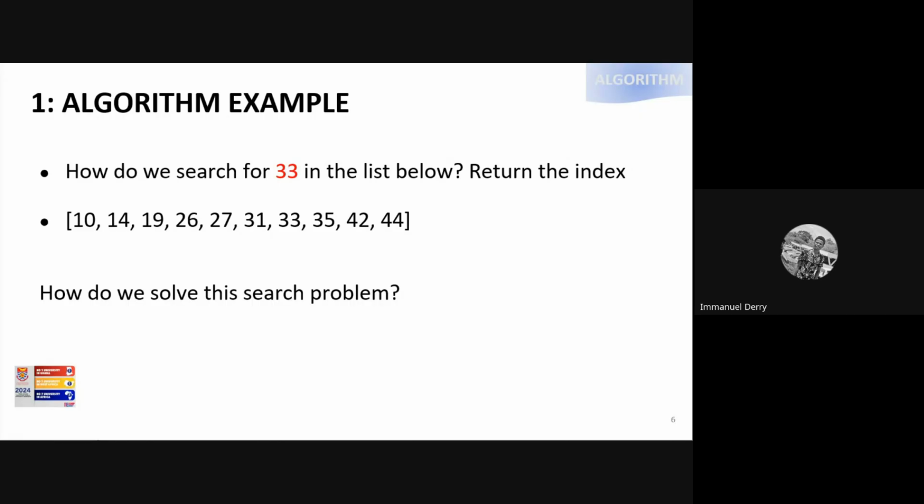We compare the value that we have in the list and the item that we are searching for, 33. So we look through from 0, which is the starting index. And then we compare the element at the starting index, which is 10, to this 33.